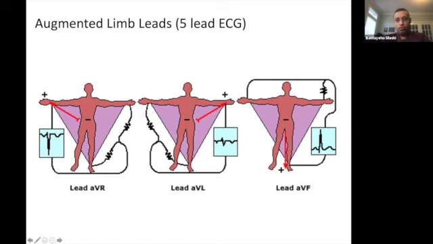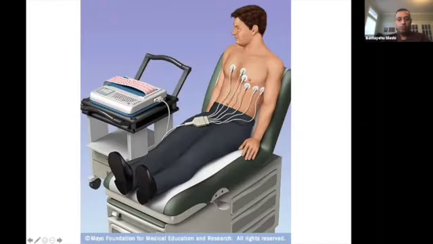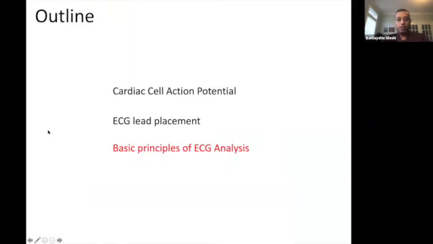But you got it right. You got the names right, and you said what they help us. And then, in addition to that, we have V1 leads, V1 through V6. This is how you would place it in a person. And this, again, gives you additional information of the electrical activity that happens in the heart. So any questions about ECG lead placements?